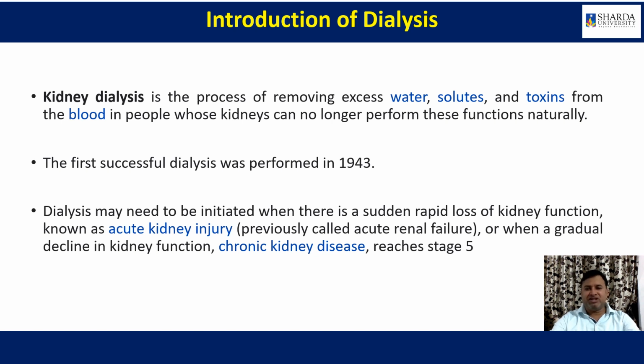If kidney failure occurs, either acute kidney injury or chronic kidney disease, and the kidney is not working properly, then there is a need for dialysis. Dialysis is the process of removing excess water, solutes and toxin from the blood. Dialysis was first successfully performed in 1943.